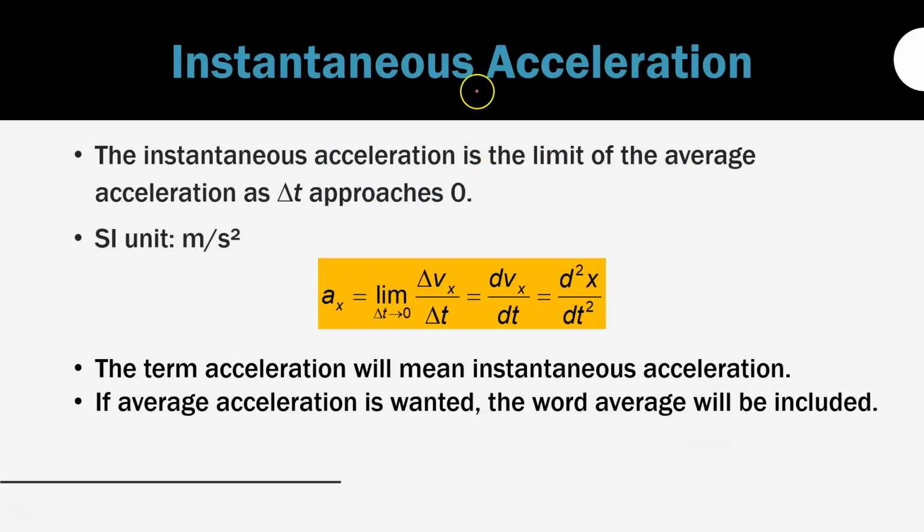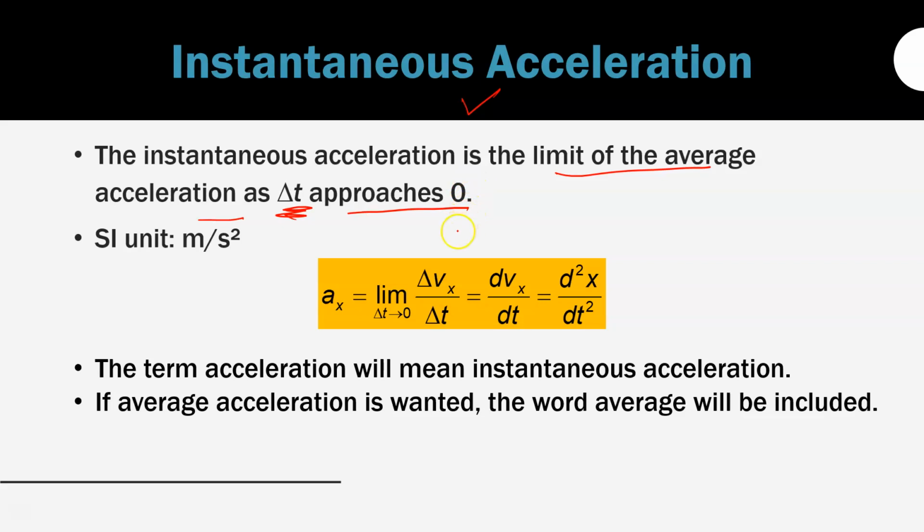As you can imagine, the value of average acceleration is often different for different time intervals. So it is useful to define the instantaneous acceleration, which is similar to the definition of instantaneous velocity that we just talked about. The instantaneous acceleration, which we symbolize as a, is the limit of the average acceleration as delta t approaches 0.